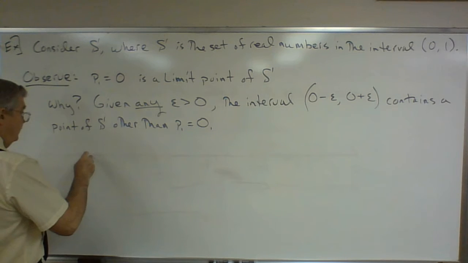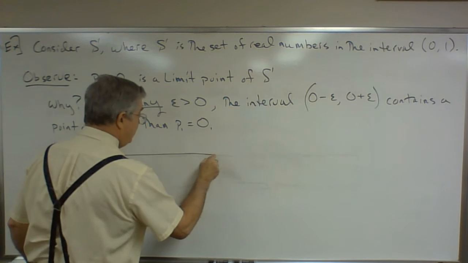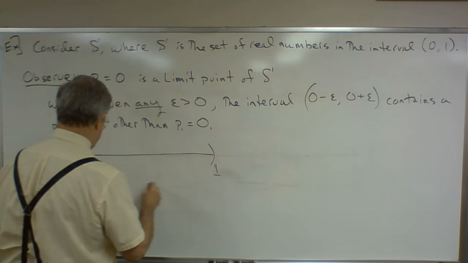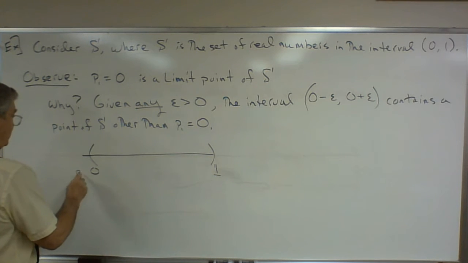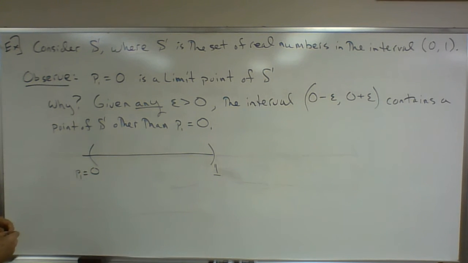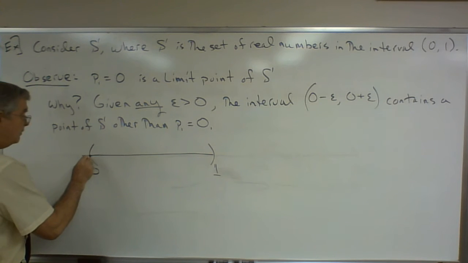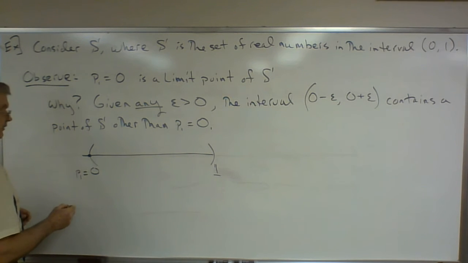So here's the interval from 0 to 1, and P1 equals 0 is our limit point. Suppose epsilon is really small.